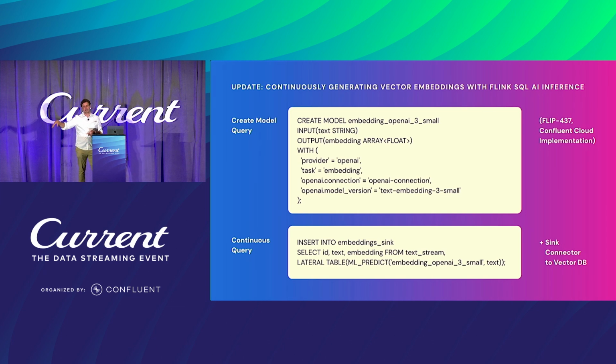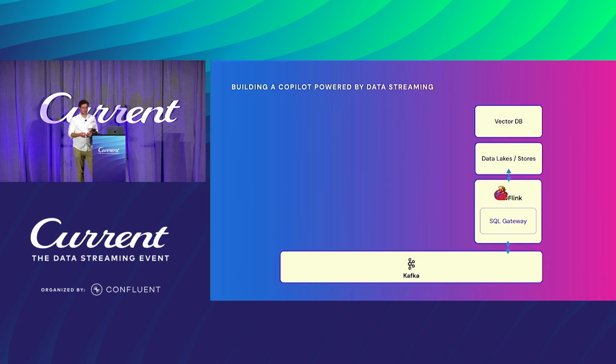So it writes the data into a new Kafka topic, and that is picked up by a sink connector and then synced to a vector database. So this is a very agile and still robust integration of a pipeline to continuously generate vector embeddings. Also something we heavily use.